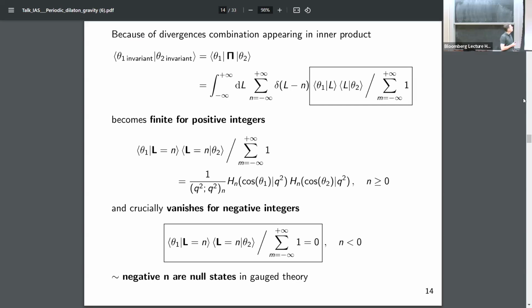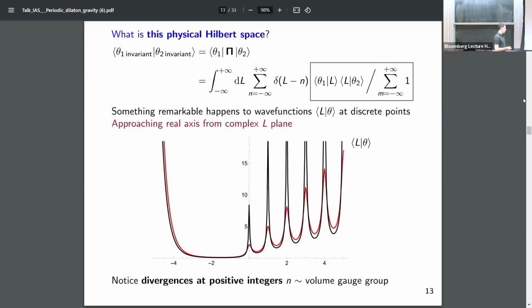Okay, so because of these divergences, like I said, this combination remains finite and it sort of only reduces to a combination of wave functions which we know very well from the SYK system. And actually, crucially, this combination vanishes for negative integers, which I don't think is very trivial, but you can sort of see it from this plot.